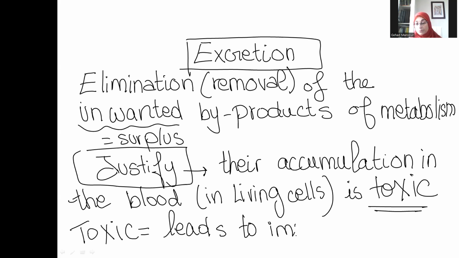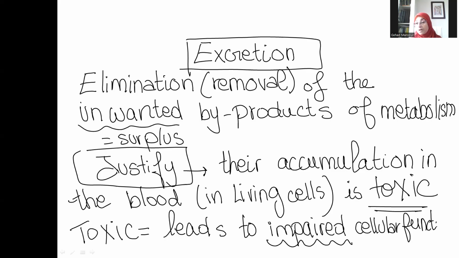It leads to impaired, and by impaired I mean damaged or diminished, cellular function, meaning that the cells cannot function well, and therefore this might lead to death of the human body or death of the living organism in general. And this answers the very important question, which is why we need excretion.